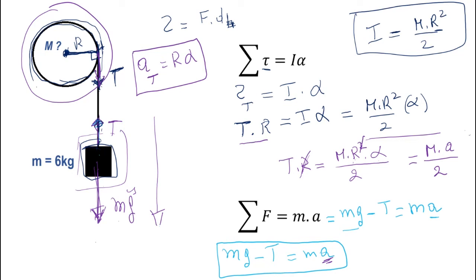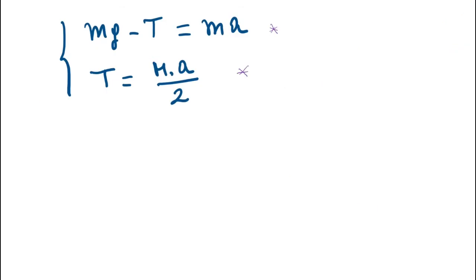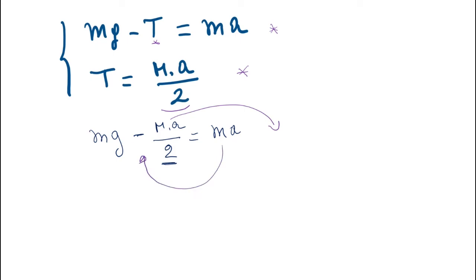Now I will replace this here, and then I will look for the mass of the pulley. We replace the tension with m times a over 2: mg minus m times a divided by 2 equals the mass of the block times acceleration. We are looking for the mass of the pulley. If I move this term to this side, it becomes positive; if I move this one to this side, it becomes negative.